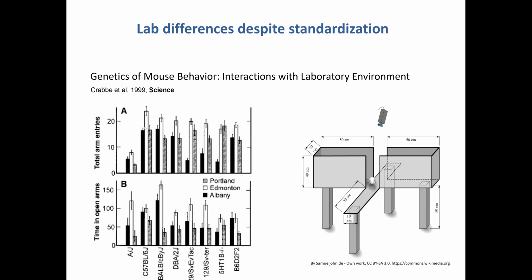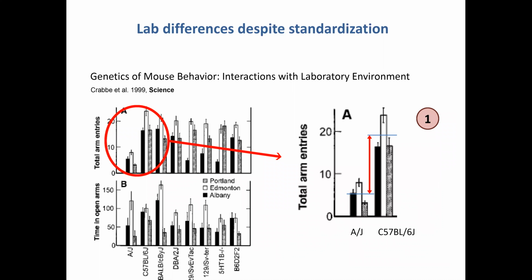So that's the test. And the parameters that we can look at here are total arm entries, so how often the mouse is going into one of these arms, and second, time in the open arms. So we have these 8 different strains, and we have these 3 different laboratories, and I will zoom in on some of the interesting results. If you just take the first results here, what you can see if you look at total arm entries is a difference between strains.